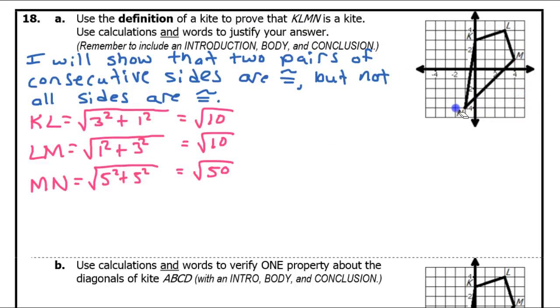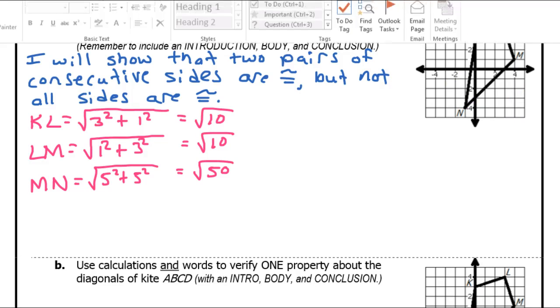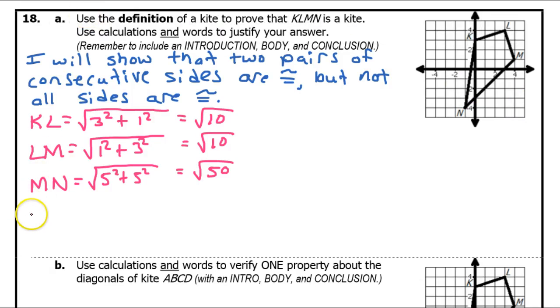Okay, let's do the same thing for NK. Okay, this is a tall, skinny triangle. I see 1, and I see, let's see, 4, 5, 6, 7.